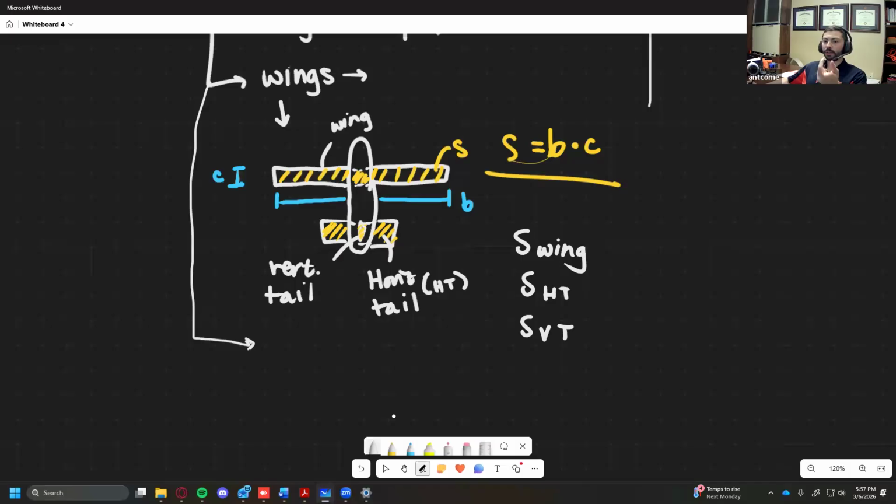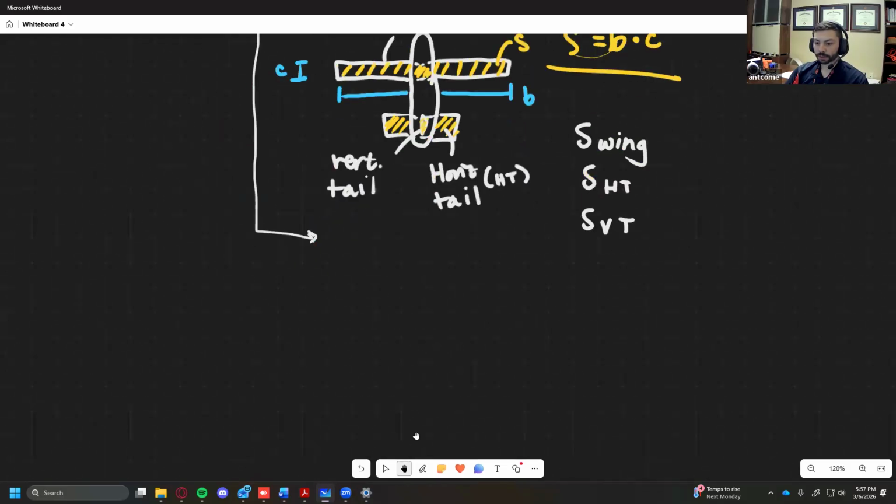All three of these components will sum together to give you a total aerodynamic drag. Your fuselage is not this area. I was just hatching it so you guys could see it, but it's not that area, so I'll remove that. This is actually considered the frontal area. So with a fuselage body, let me do fuselage.